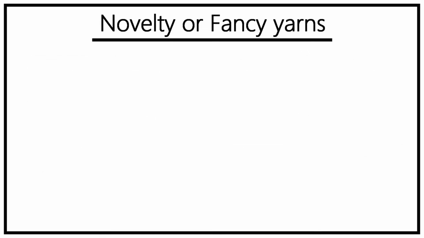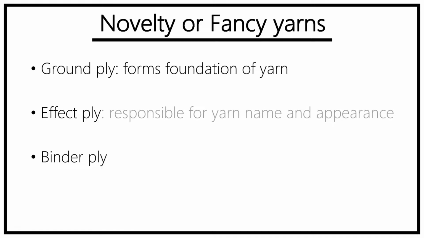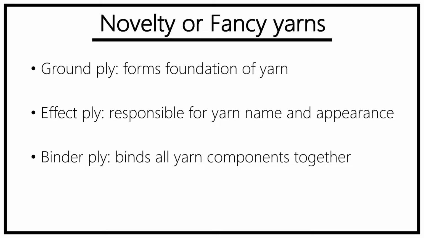Often, the different components are broken down into 3 categories of ply: the ground ply, the effect ply, and the binder ply. The ground ply forms the foundation for the yarn, while the effect ply is primarily responsible for the yarn's name and appearance. The binder ply simply serves to bind all yarn components together, and would be the first ply you'd unravel when disassembling a novelty yarn.